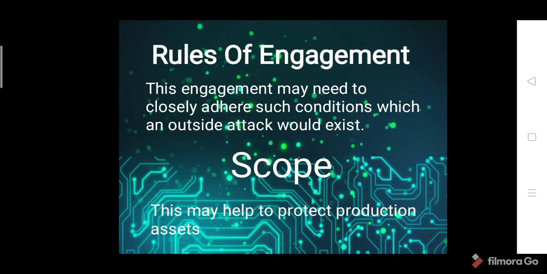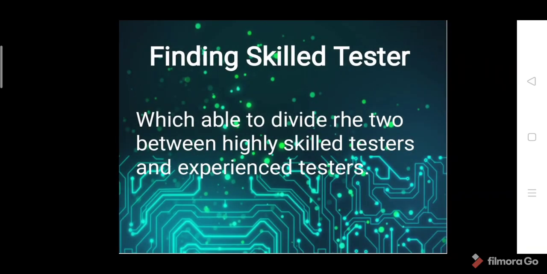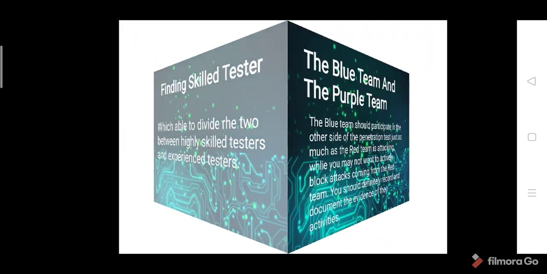The engagement may need to closely adhere to conditions under which an outside attack would exist. Scope. This may help to protect production assets. Finding skilled testers, which means dividing between highly skilled testers and experienced testers.